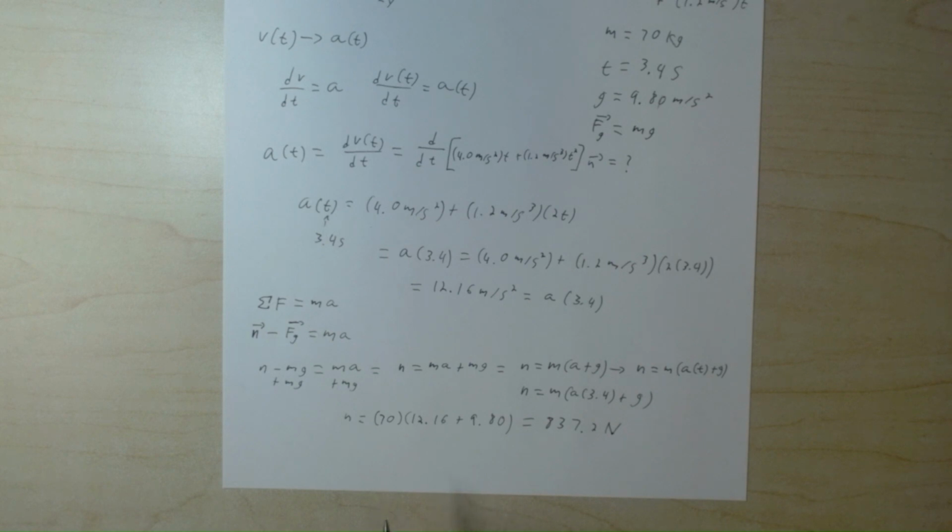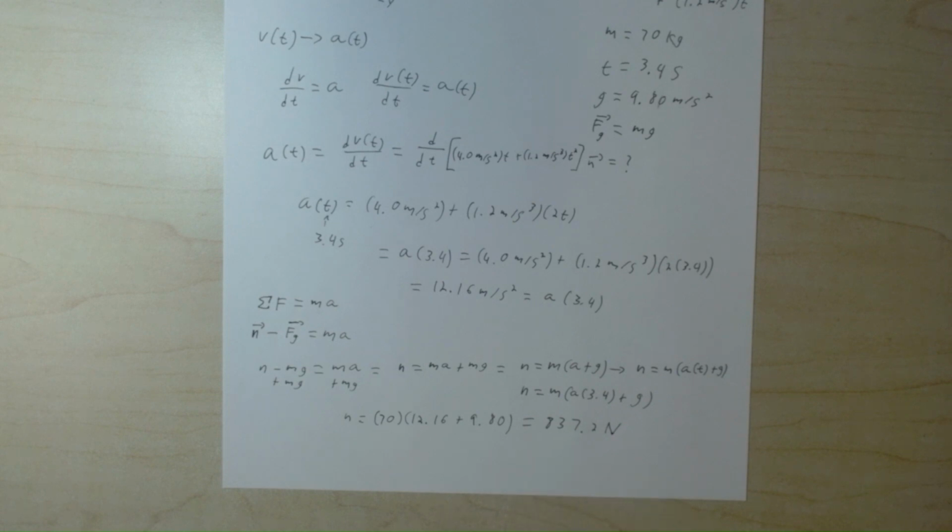So we know that the force that the scale reads at this time is going to be greater than if you were standing on it normally, because the elevator is accelerating upward at that specific time, and therefore essentially it's going to be pushing up harder on you than it normally would. So this seems like a reasonable answer here.